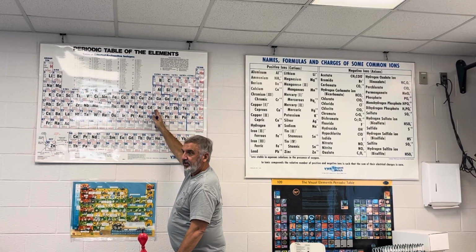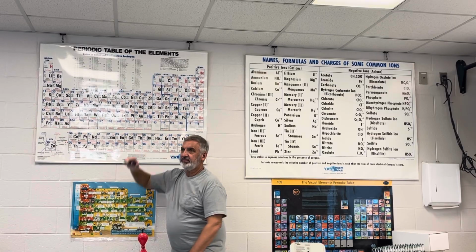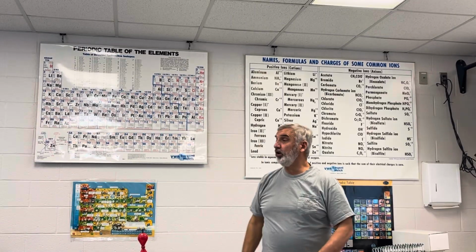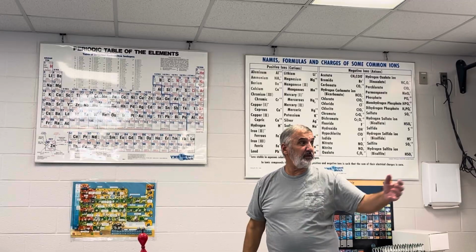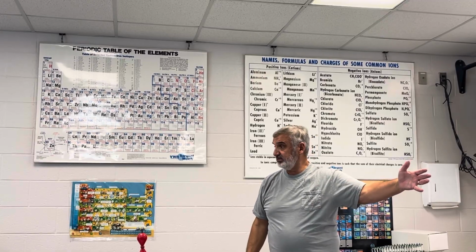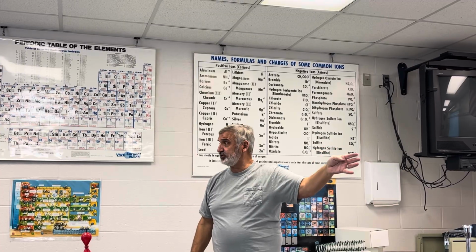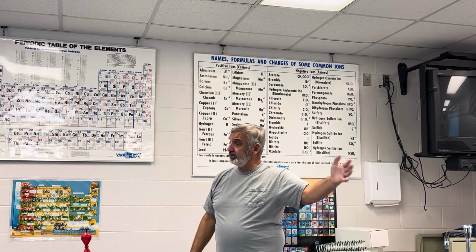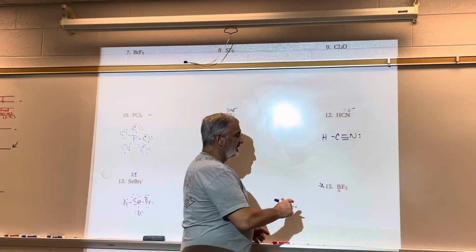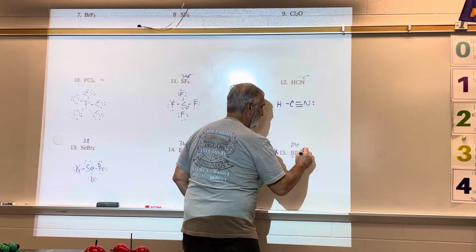Is that always? That isn't always. Now, they could form a BF4 minus, where you put in an extra electron, so then the fourth F would fill in the extra spot, but you have to add another electron. But you're not going to form a double bond. So you're going to have 24 electrons.